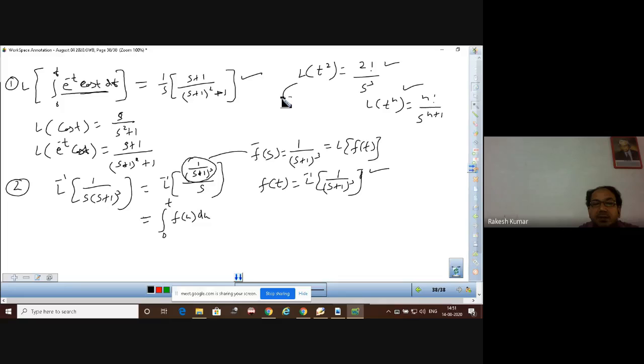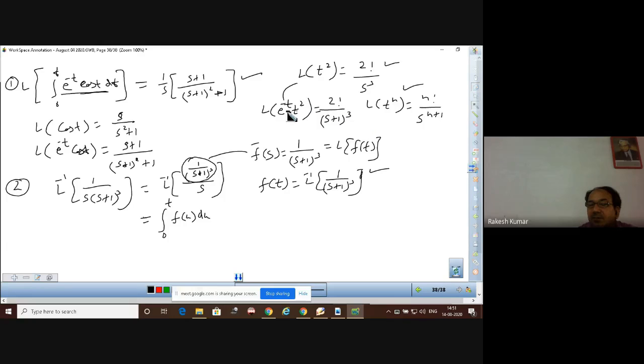And from this, by using the first shifting theorem, an exponential function can be taken with it. If we use the exponential function, what is the coefficient of t? Minus 1. It means changing s to s plus 1 in the denominator. That comes out to be (s plus 1) whole cube. Changing s to s plus 1 by using the first shifting theorem.